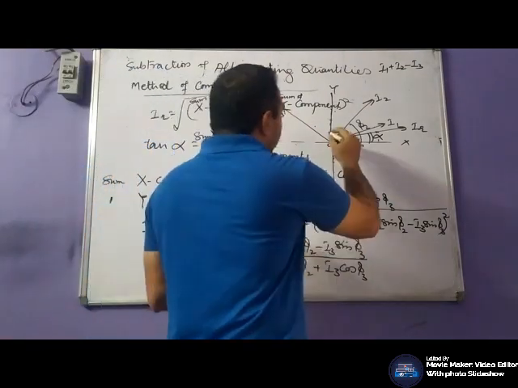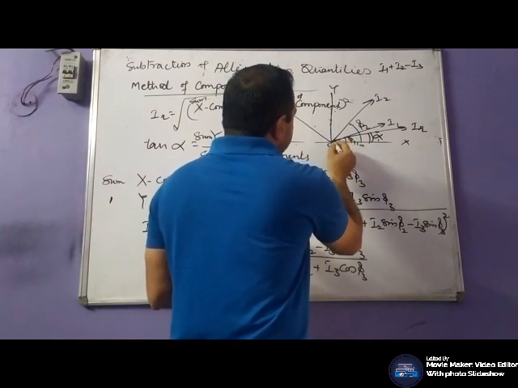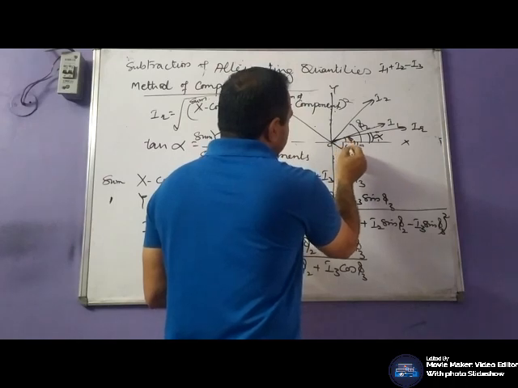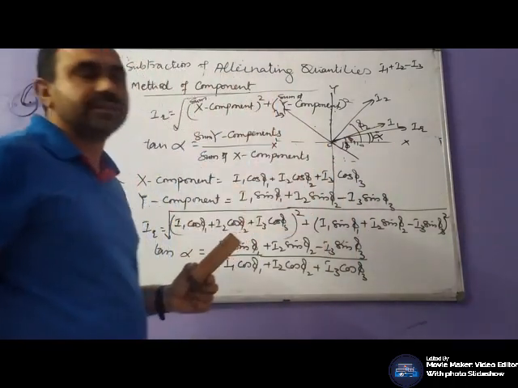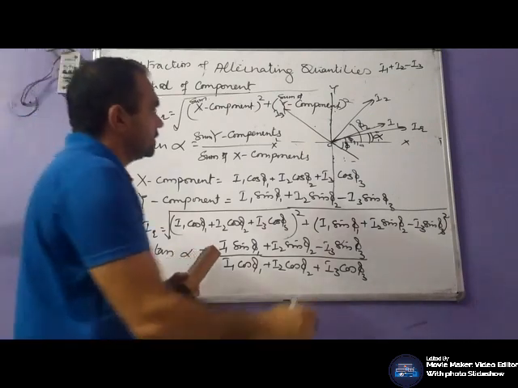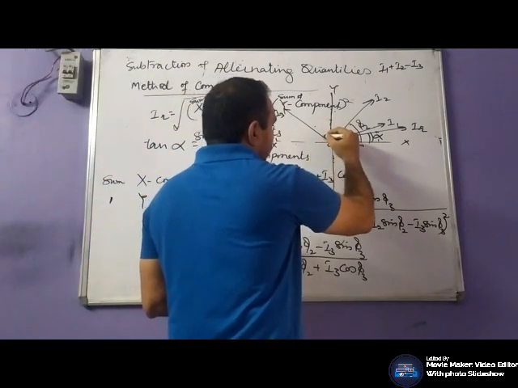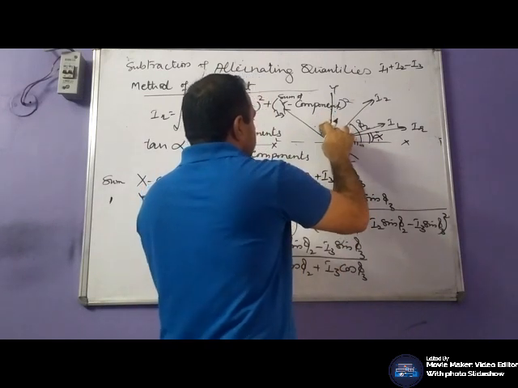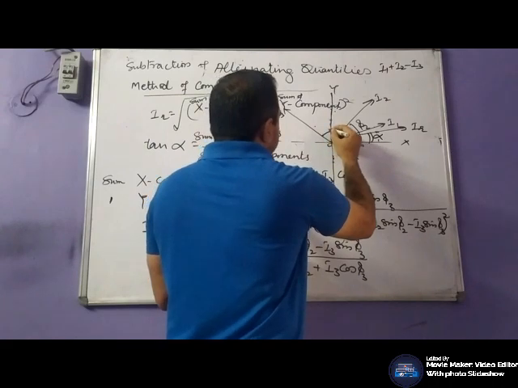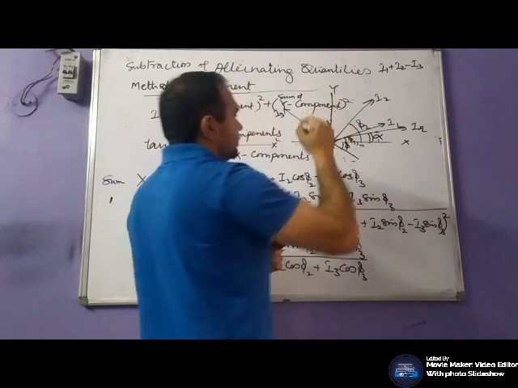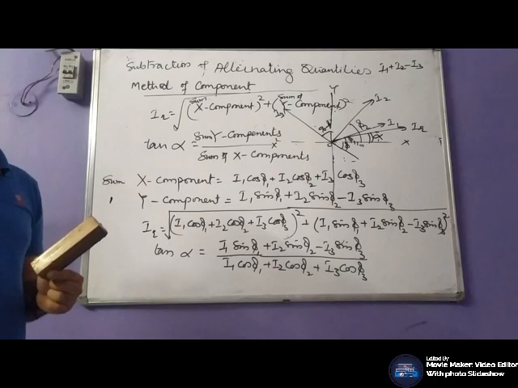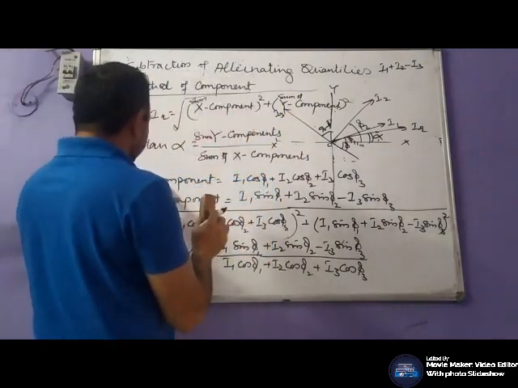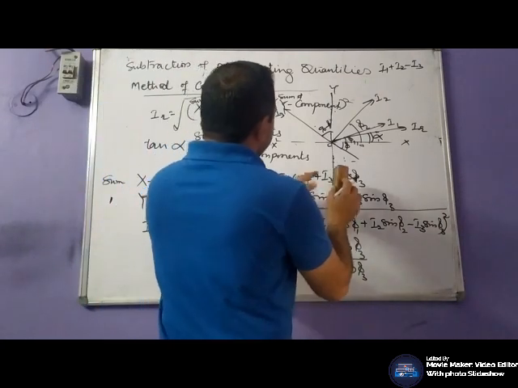And what would the angle be now? If this angle was phi, what would this angle be? This angle would be 90 minus phi. So what would be the sum of horizontal components now? I1, I2 and I3.